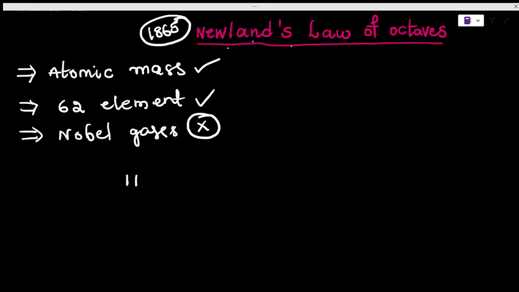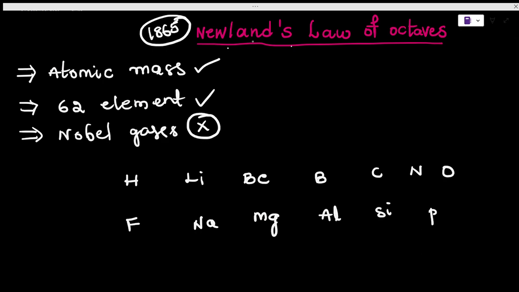For example, hydrogen, lithium, beryllium, boron, carbon, nitrogen, and oxygen. Next one is fluorine, sodium, magnesium, aluminum, silicon, phosphorus, sulfur.